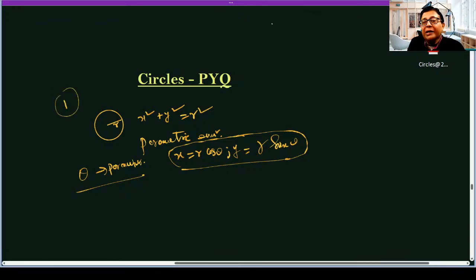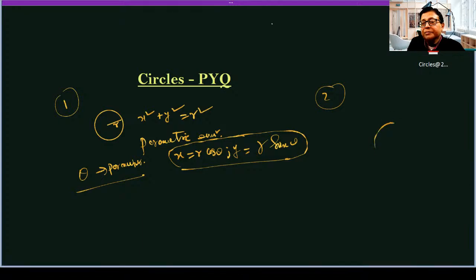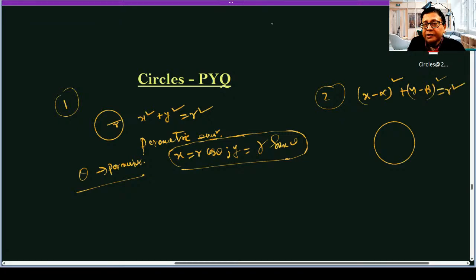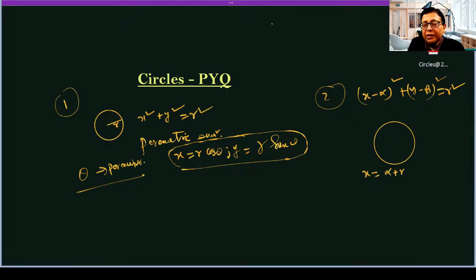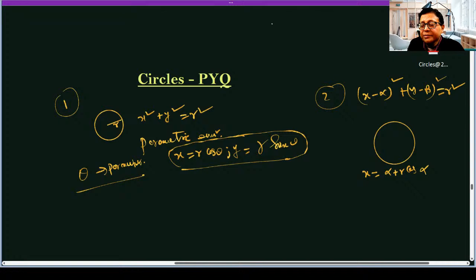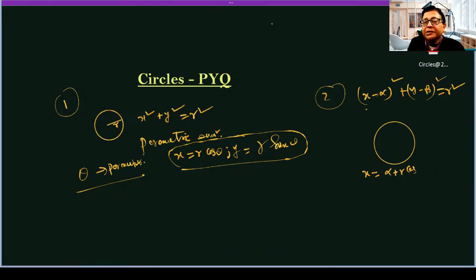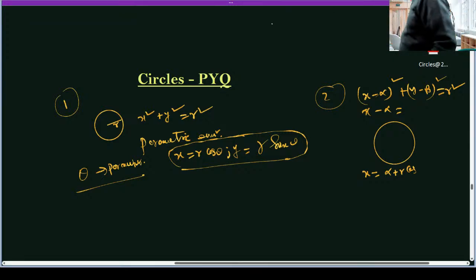This is one, and now I am writing it for the general form of a circle. If the circle is x minus alpha whole square plus y minus beta whole square equal to r square, then what will x be? Sorry, hold on. It's okay now?